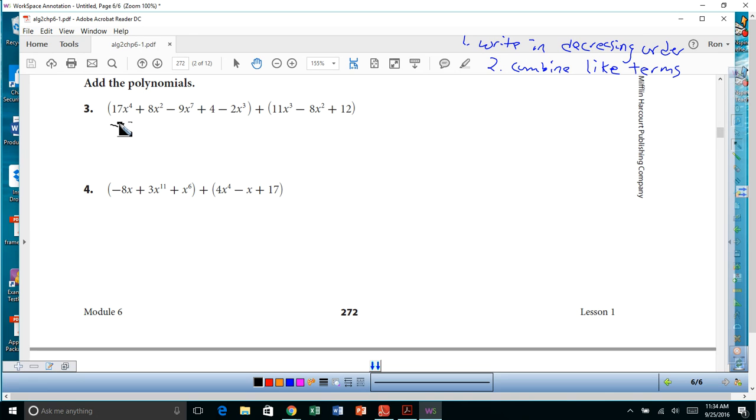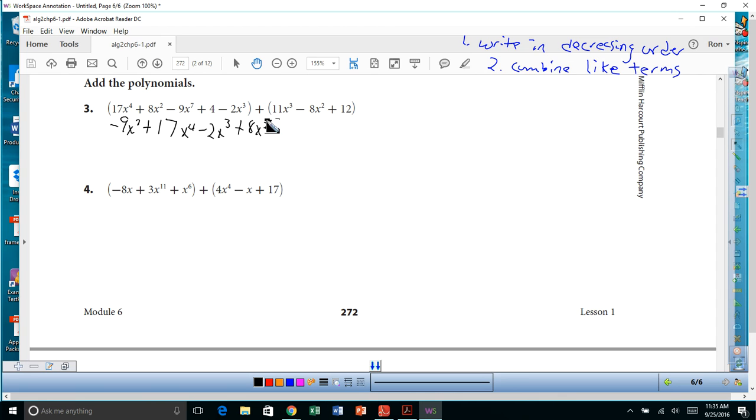You've got negative 9x to the 7th, and then you've got plus 17x to the 4th, and then minus 2x cubed plus 8x squared. 4, 3, 2.